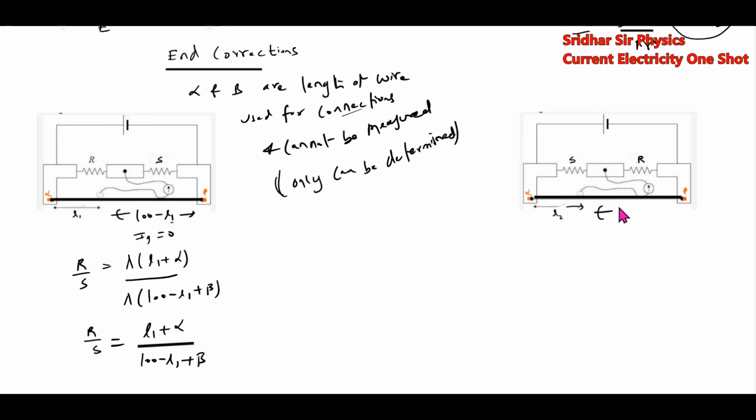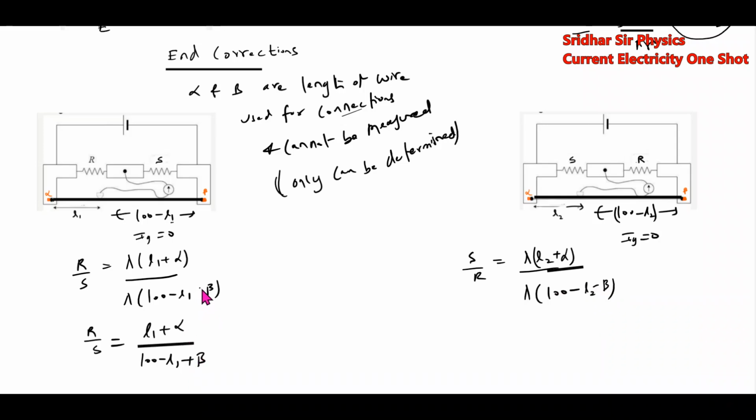Similarly, the current through the galvanometer will be 0. Then S by R is equal to lambda into L2. What is the resistance of this? This length L2 plus alpha will be added. So therefore this will become L2 plus alpha is equal to 100 minus L2 minus beta.